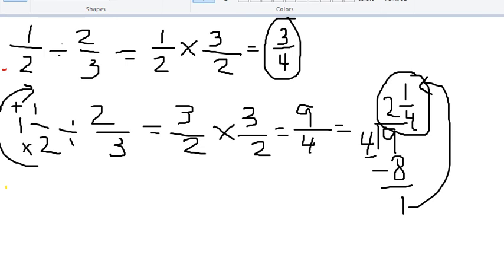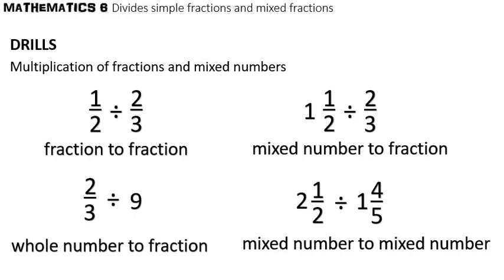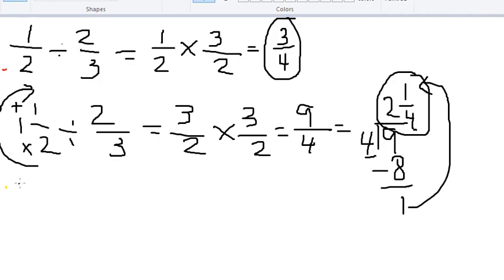Okay? Next, paano naman yung whole number sa fraction? Let's say 2/3 divided by 9. Remember, dun sa pinag-usapan natin, whole numbers always have a denominator of 1.